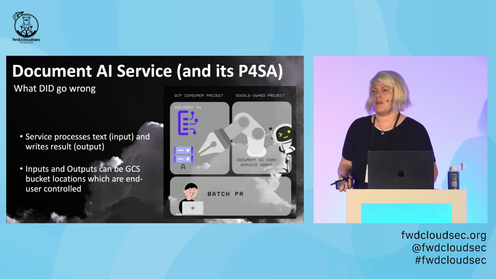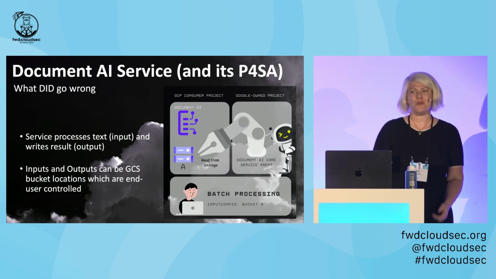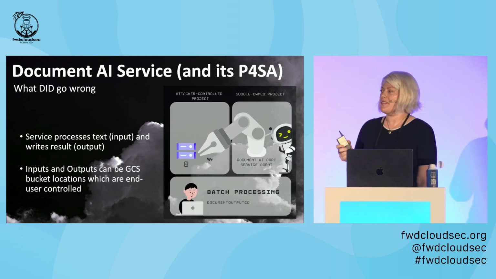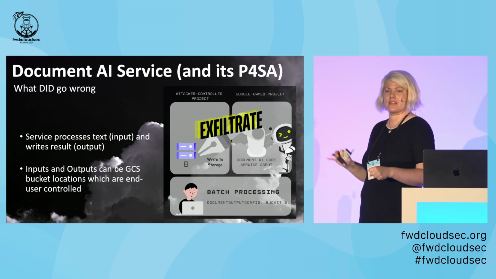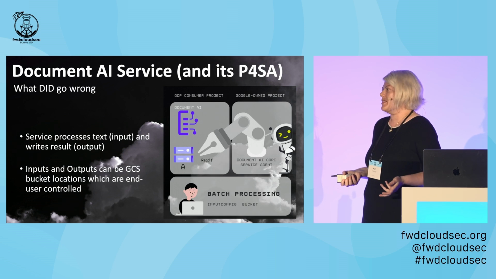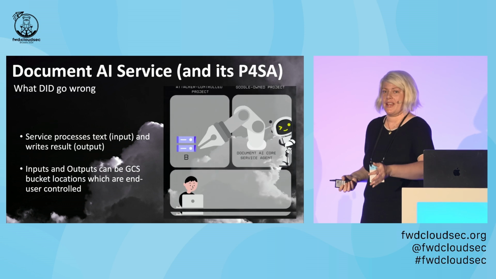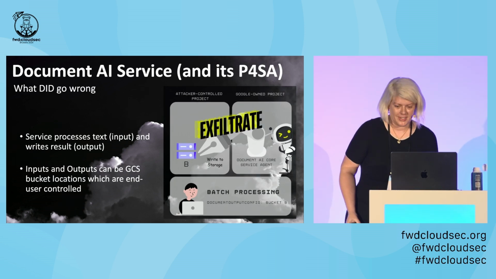Interestingly enough, there's a couple different modes. There's a regular online mode, and there's a batch mode. When in batch mode, instead of using the identity of the caller, it's going to use the identity of its service agent.